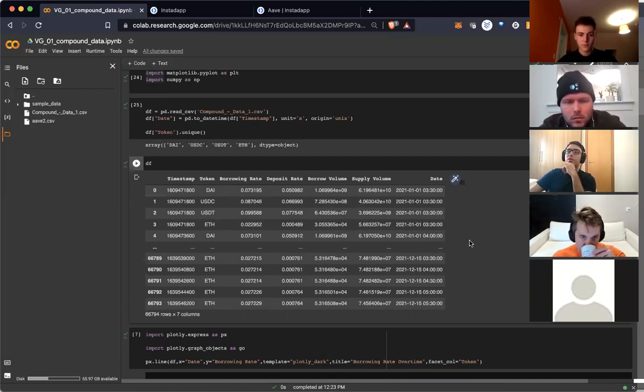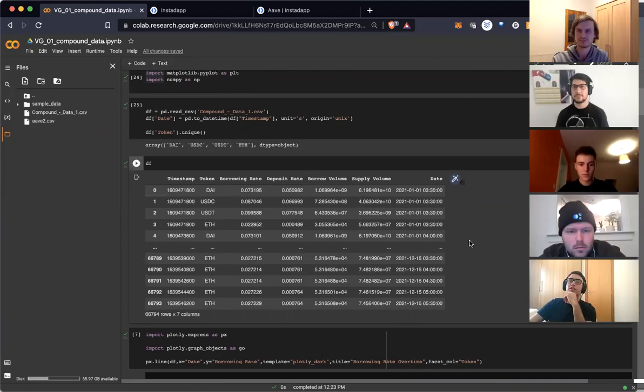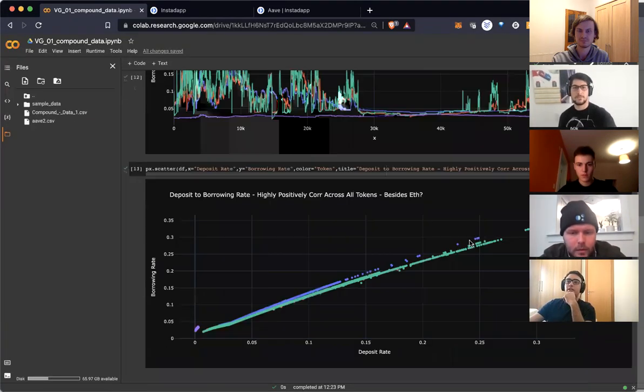So I just chose a random one that was small enough to get a big data set, it has no particular reason whatsoever. But the one that Christian got for Aave, I believe it's block by block, so it should be a more complete data set than the Compound one.